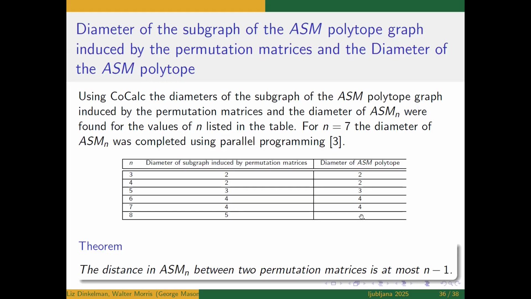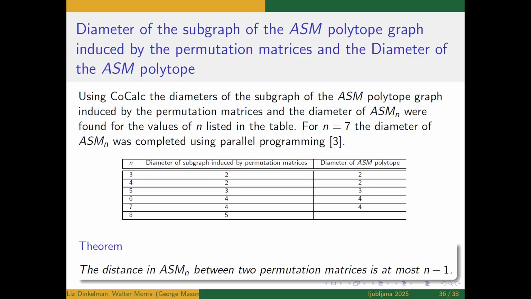Now, Emily tells me that we can't do ASM 8 because it'll take 200 years. So I'll be dead by then, so someone else can work on that. Anyway, Belinsky found that the diameter of the Birkhoff polytope is 2. Well, it's 1 for B3, but for 4 and up, it's 2, no matter which n you choose.